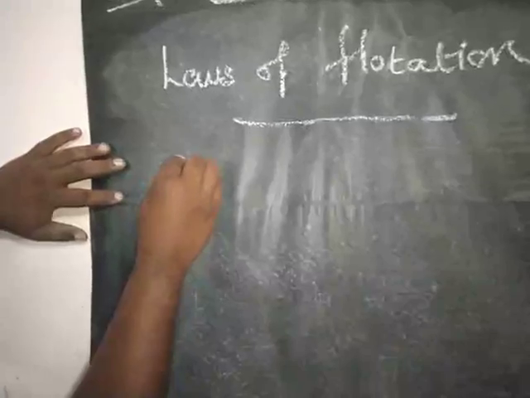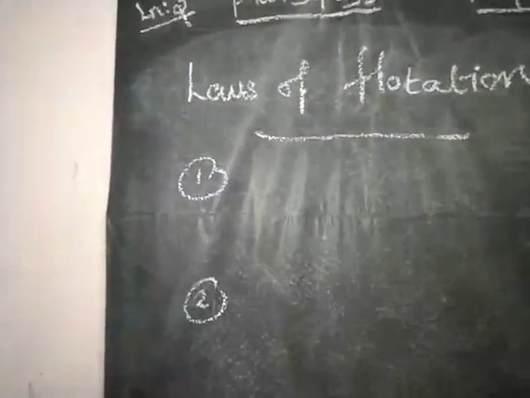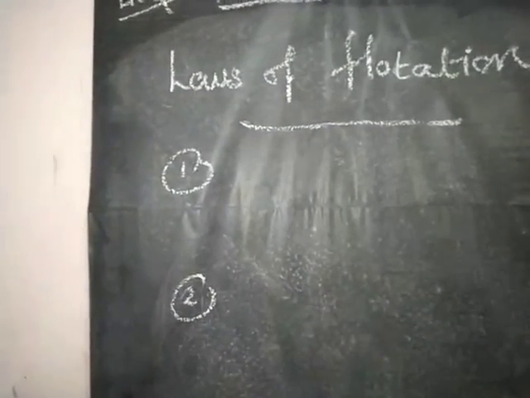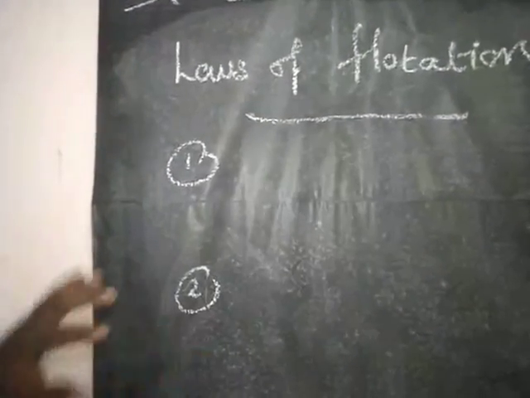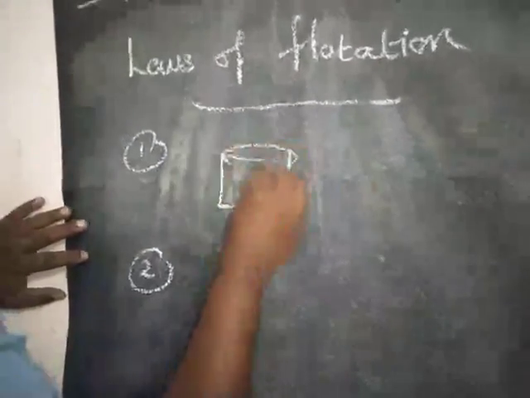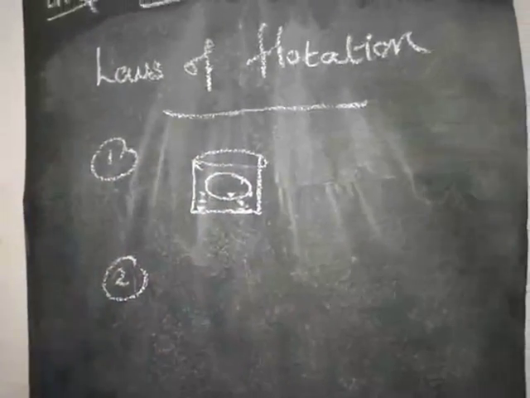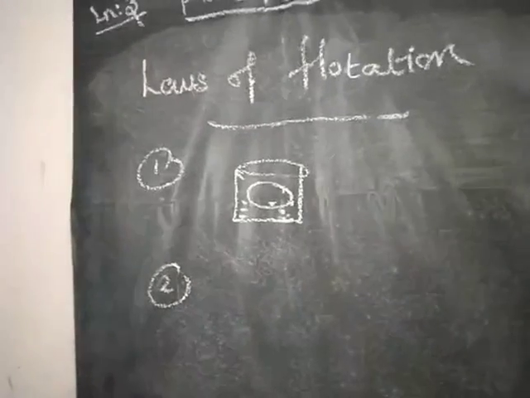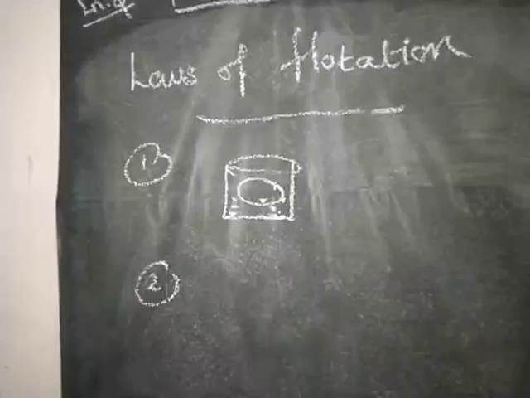In our textbook, two laws are given. One is the weight of the floating body in a fluid. If we take a beaker filled with water, and one object is floating in it, the weight of a floating body in a fluid is equal to the weight of the liquid displaced by the body.